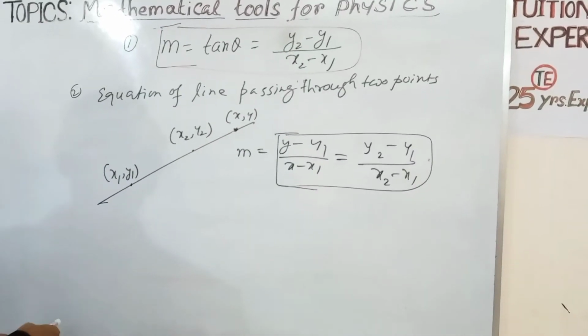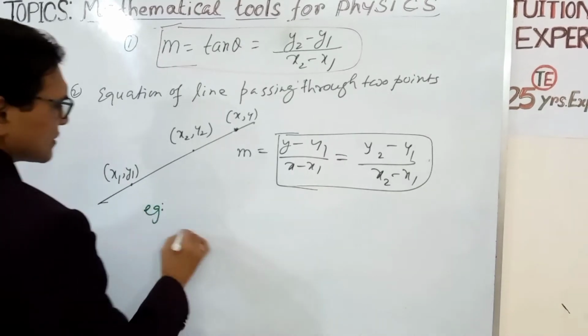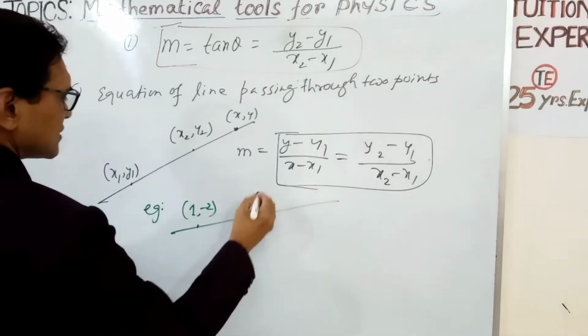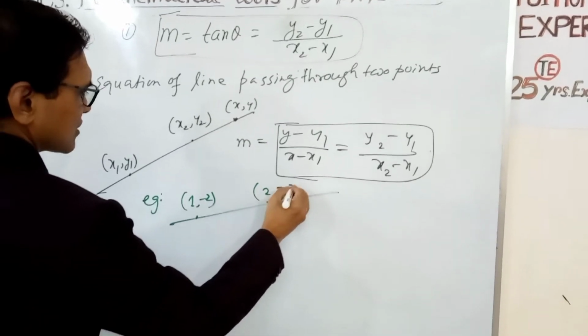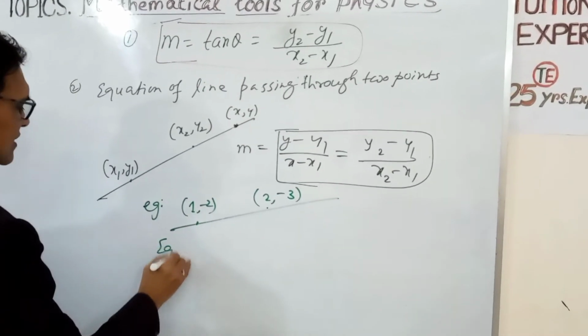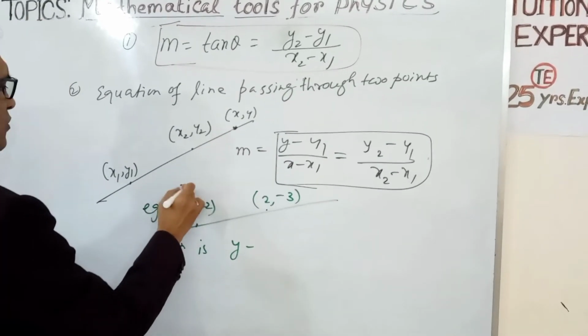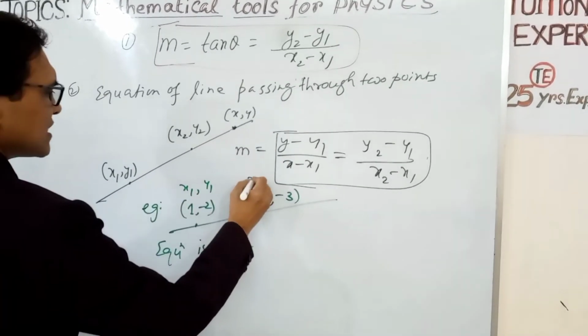Suppose for example, this is a point, this is another point. So find the equation of the straight line. The equation is y minus y1. Take this as x1 y1 and this as x2 y2.